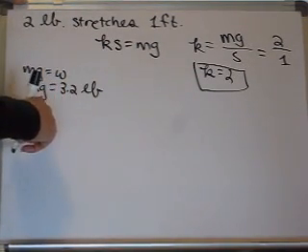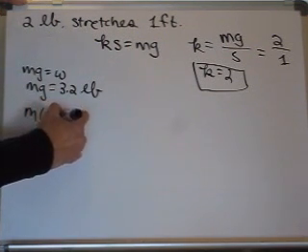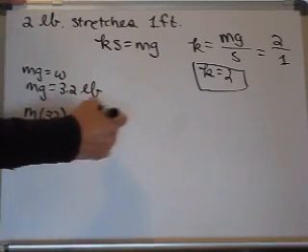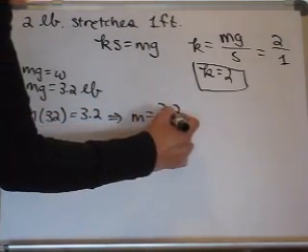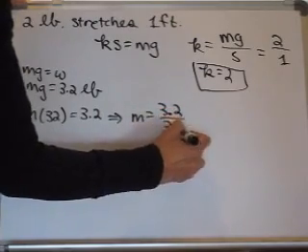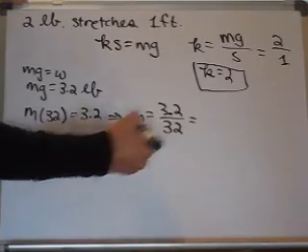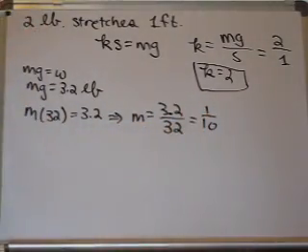And we know that the acceleration due to gravity is 32 feet per second squared. So we can now solve for the mass. The mass is going to equal 3.2 divided by 32, and if we simplify that down, we get 1/10.